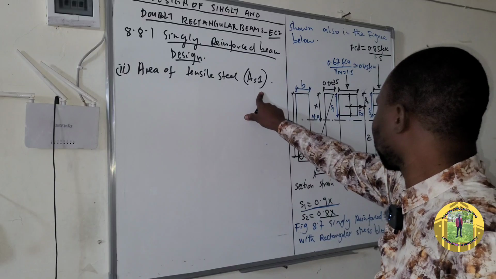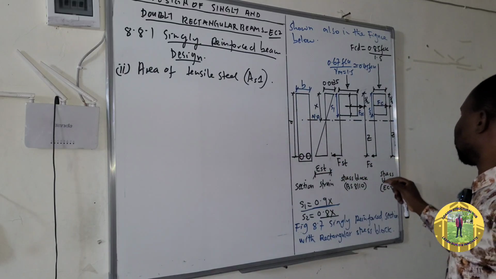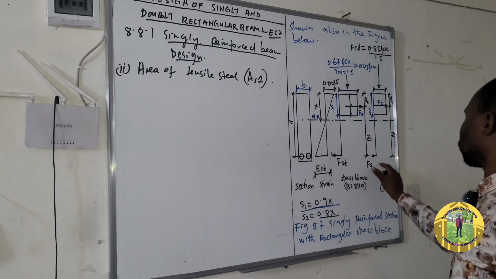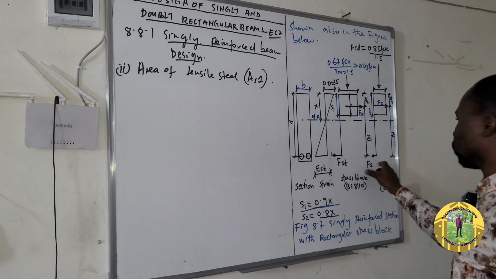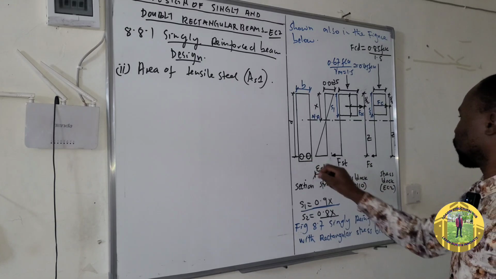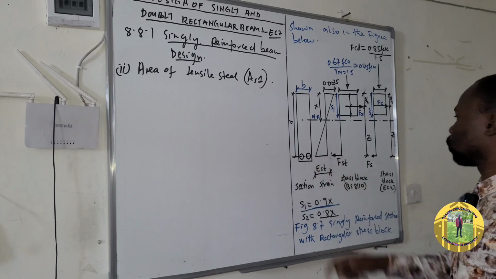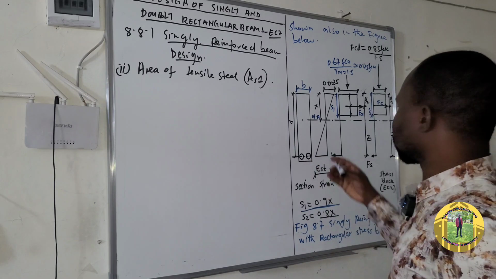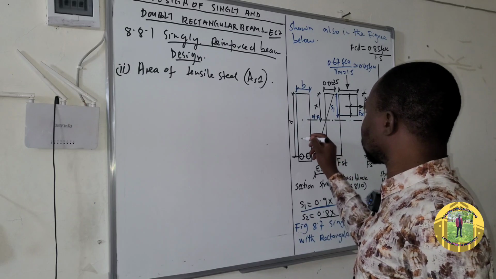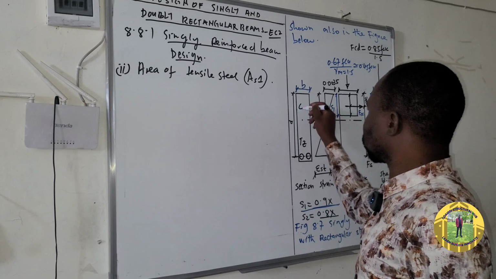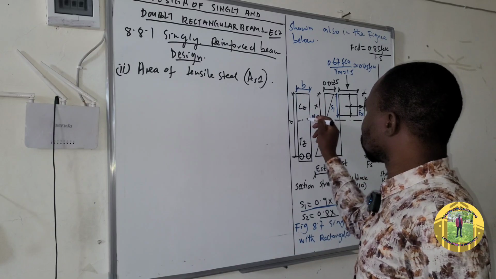We know that this force, which is the tension force, is the one which will be produced by the steel in the tension zone. So remember, this area is in the tension zone, and this one is in the compression zone.